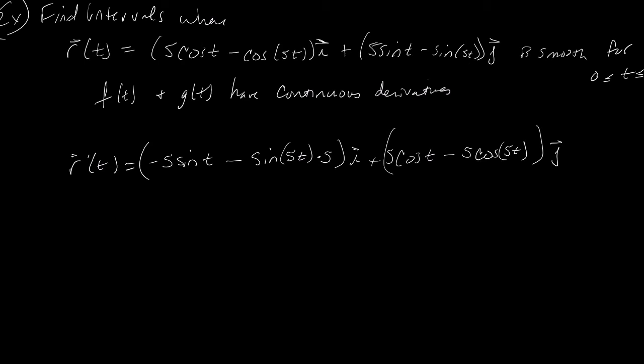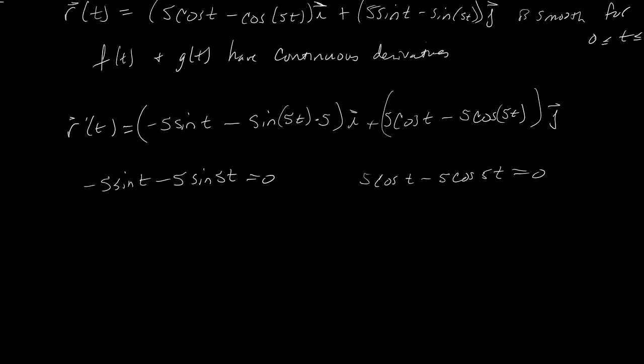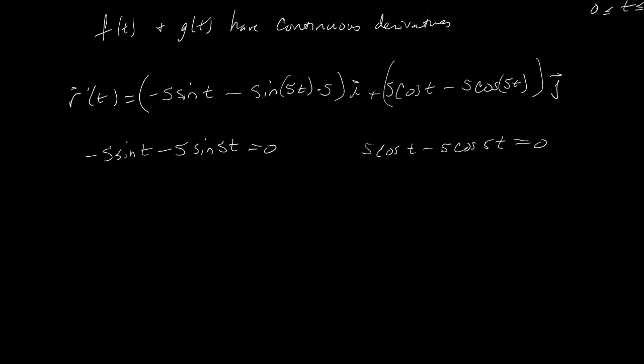Okay, well, this is actually not going to be too bad for us. So we've got minus 5 sine t minus 5 sine of 5t equal to 0. And we have 5 cosine t minus 5 cosine of 5t equal to 0. We need both of these things to happen simultaneously. Okay, so I'm going to divide out the negative 5 on the left-hand side.